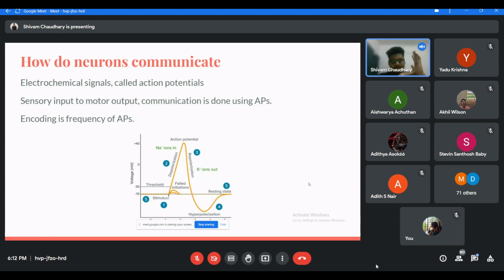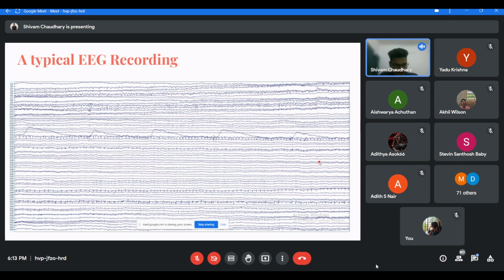If I touch it harder, then it will send a high frequency signal. This is what a typical EEG looks like. EEG stands for electroencephalography, and it is recorded by placing electrodes on the surface of your head. This is a 64 channel EEG headset.